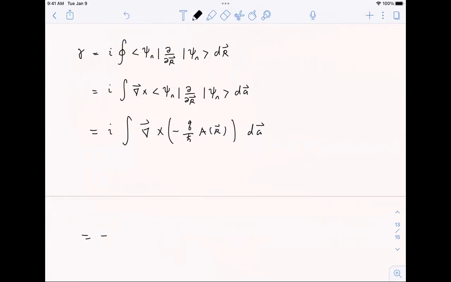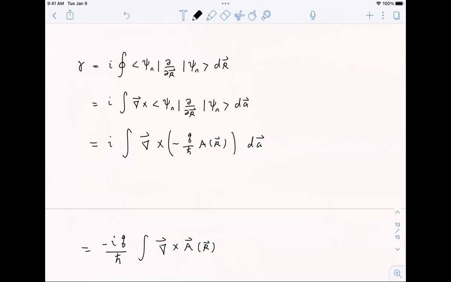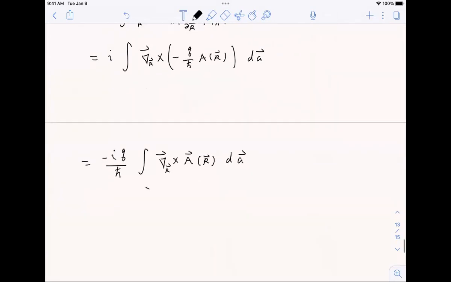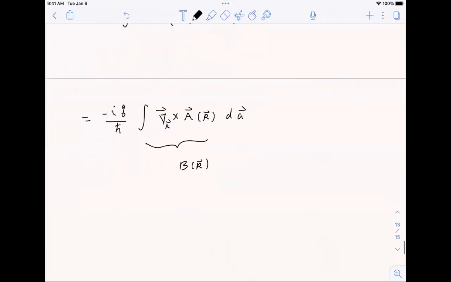And negative i q h bar, this is A_R, and this is just B. This is just the B.